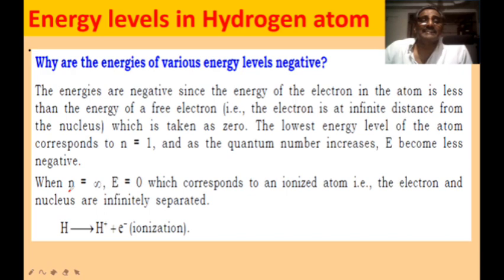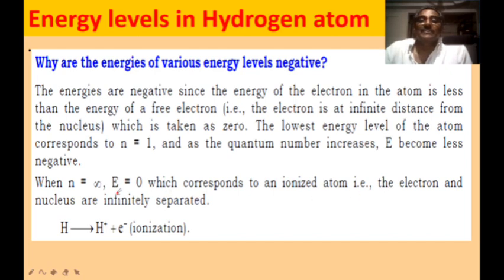That is the energy level of infinity, that is some 8th orbit or 9th orbit, depending on the nature. The value of E equal to 0 corresponds to an ionized atom. That means the electron is knocked out from the atom, the electron leaves the atom, and the atom becomes an ionized atom.